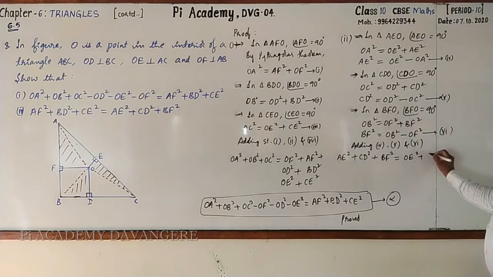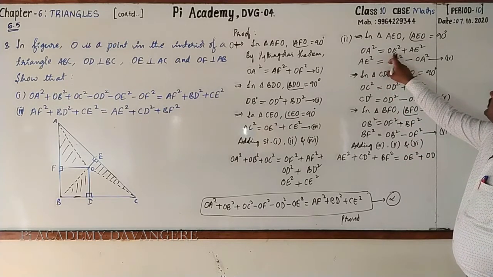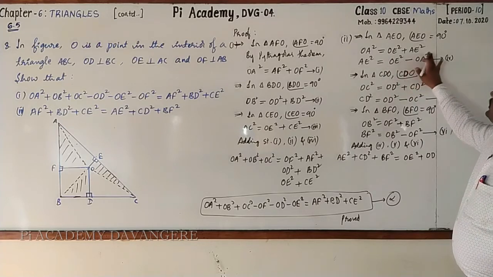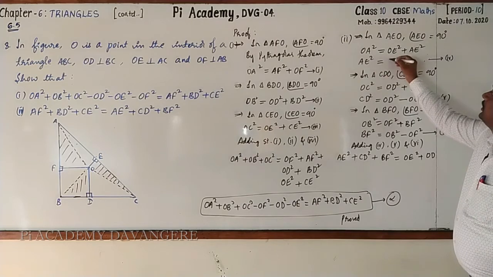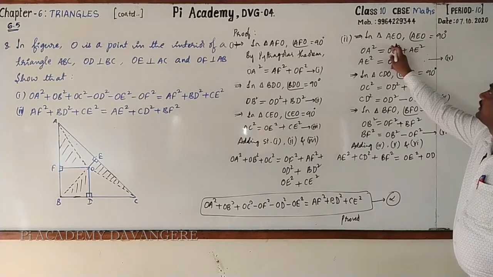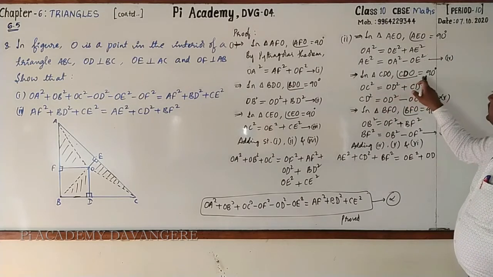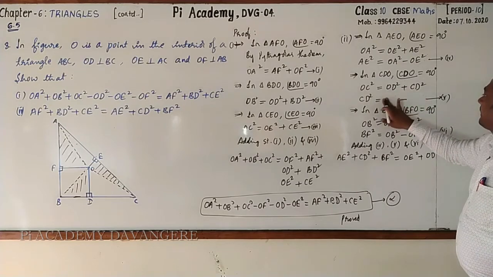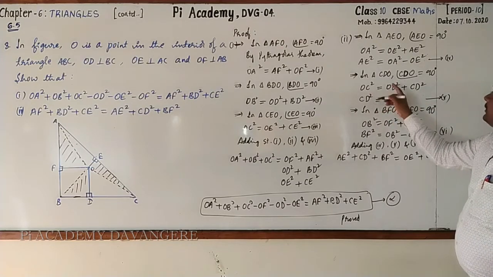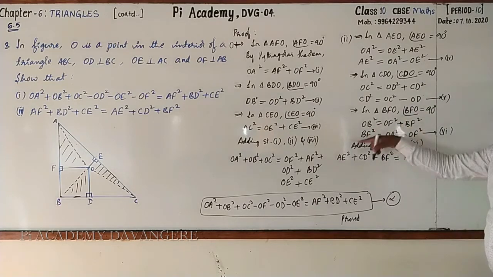AE square is OA square, transfer this OE square, becomes minus OE square. Similarly, here CD square is OC square minus OD square. Here BF square is OB square minus OF square.